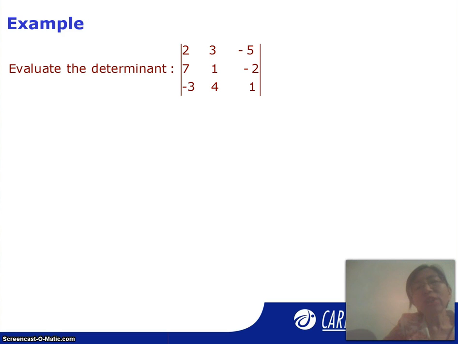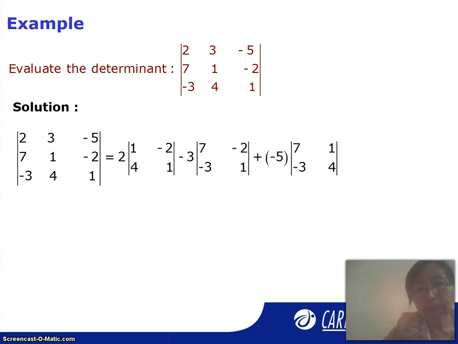Now let us consider the next example. Evaluate the determinant 2, 3, minus 5, 7, 1, minus 2, minus 3, 4, 1. Solution. Now we will apply the previous rule in order to calculate this determinant.